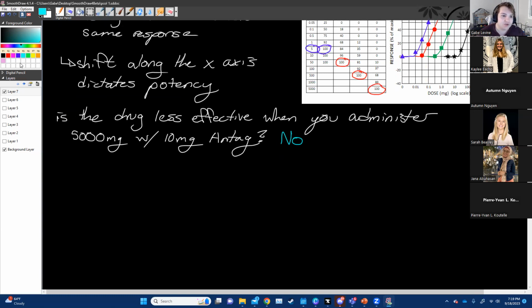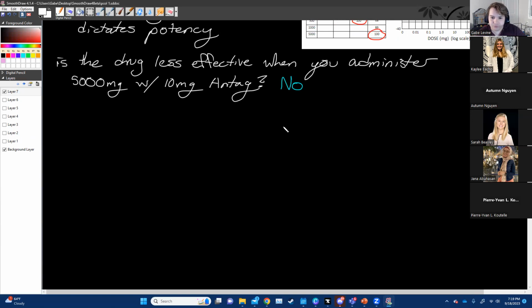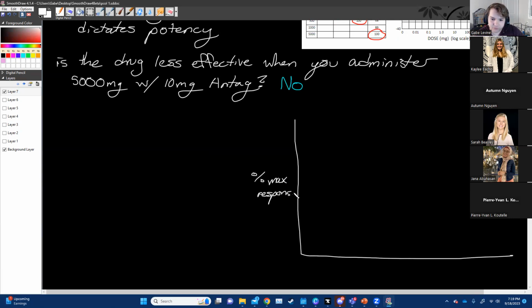What about a situation like this? So again, we have percent max response, 0 to 100, and we have the dose along the bottom.